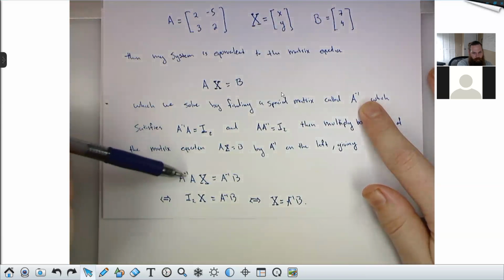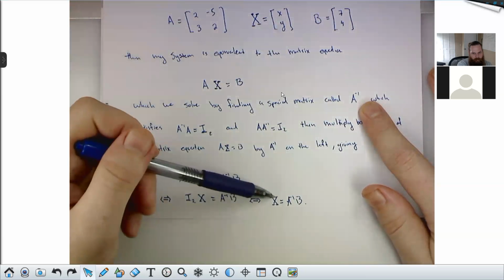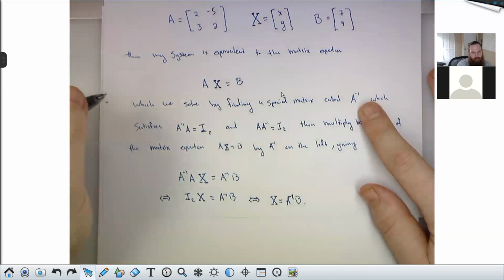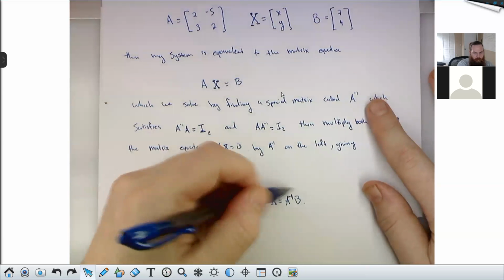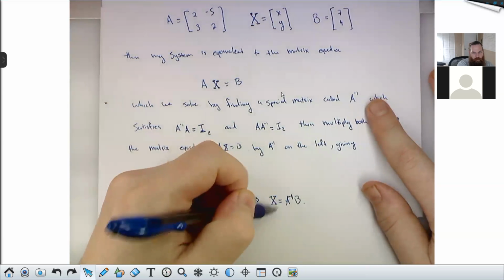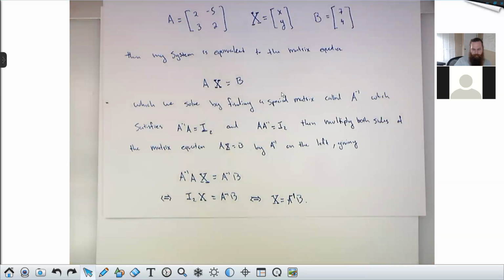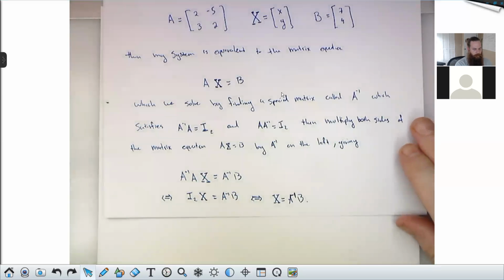The A and A inverse cancel, so you just get X equals A inverse times B. You compute that product, that will be the matrix of your answers, x and y. Okay.